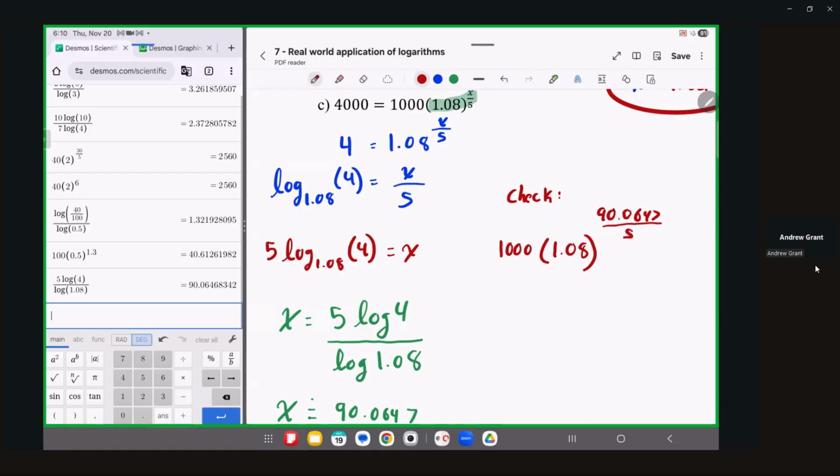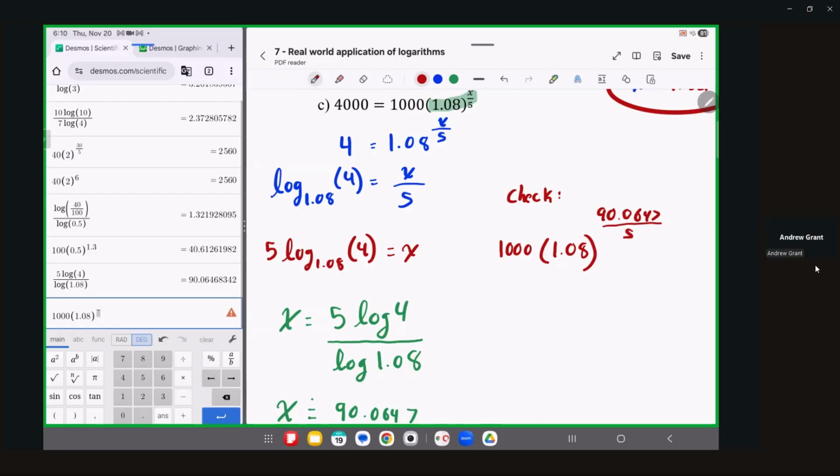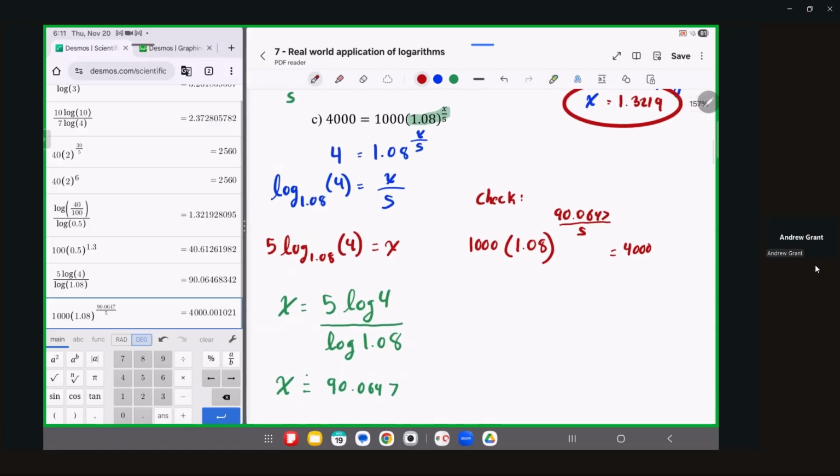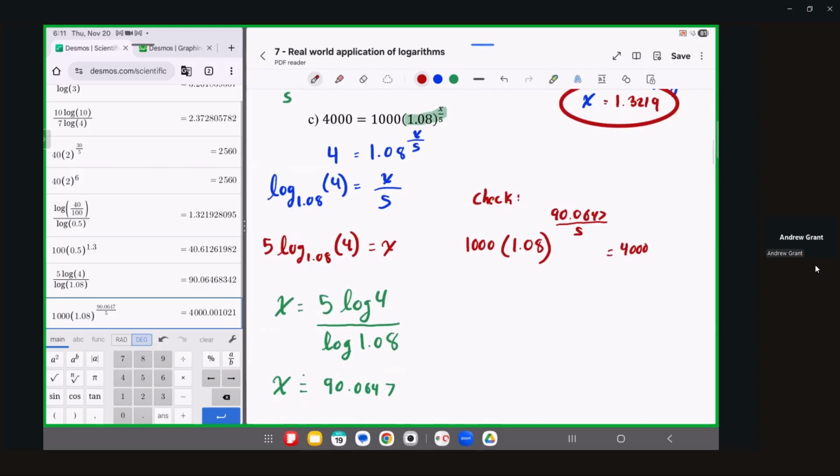So let's have a look. 1,000 multiplied by 1.08 to the power of 90.0647 divided by 5. And you can see we get about 4,000. So we'll put equals 4,000 because it's close enough for our purposes. Okay, so exponentials also have the added benefit that it is extremely easy to verify our solutions are correct or not.